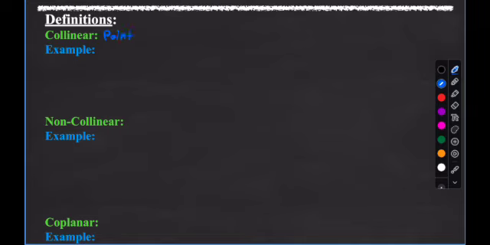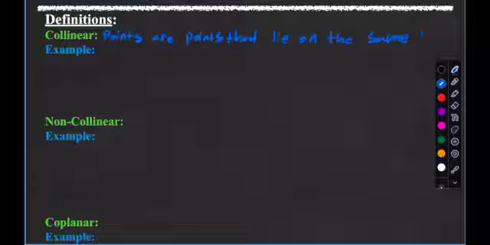We're specifically talking about points. Collinear points are points that lie on the same line. I'll give an example of this in a moment.